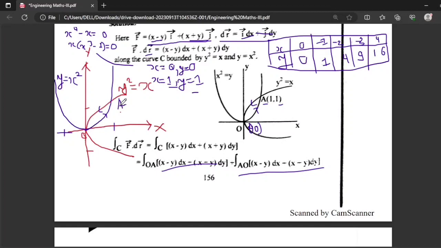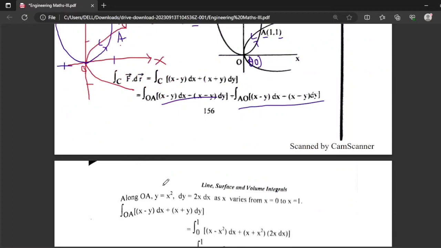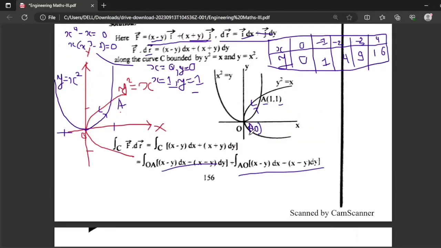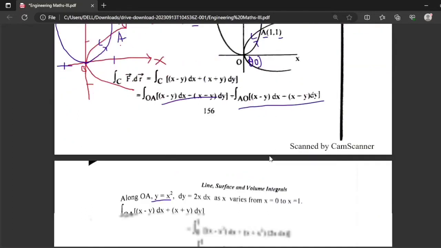So for O to A, by the arrow in the anti-clockwise direction, we found that OA is this blue parabola, that is y equals x square. Differentiating, we get dy equals 2x dx, as x varies from 0 to 1.